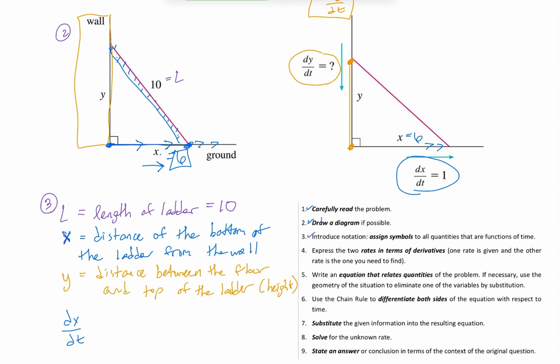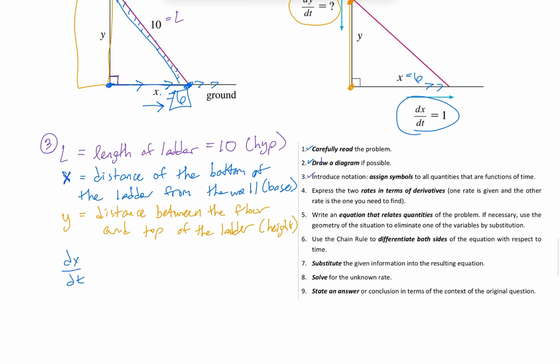The X is kind of the base of this triangle. The ladder is really the hypotenuse, since this makes a right angle. So this is the hypotenuse of this right triangle. That's pretty much all our variables.